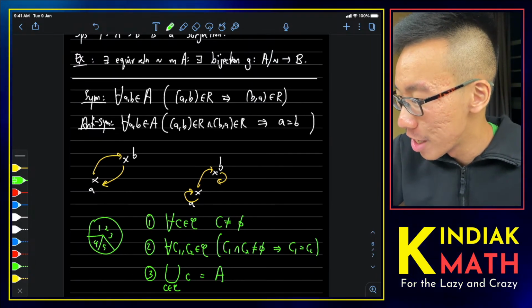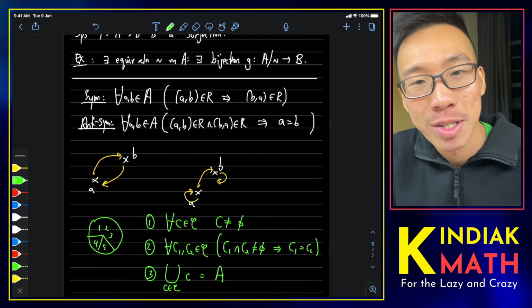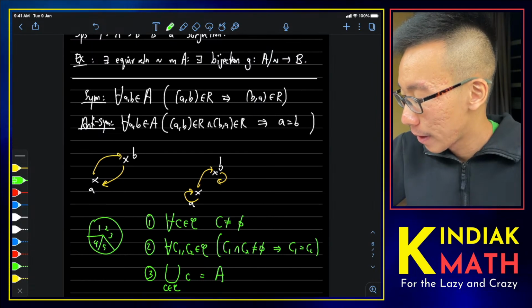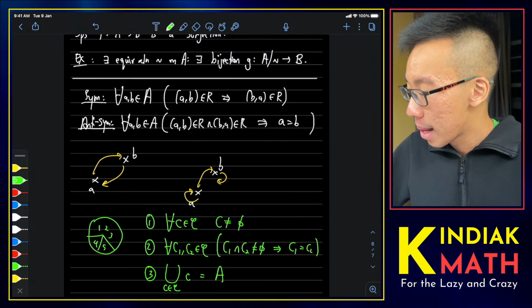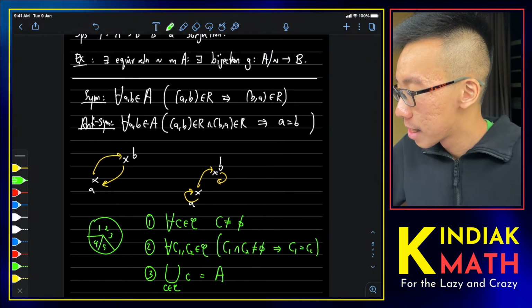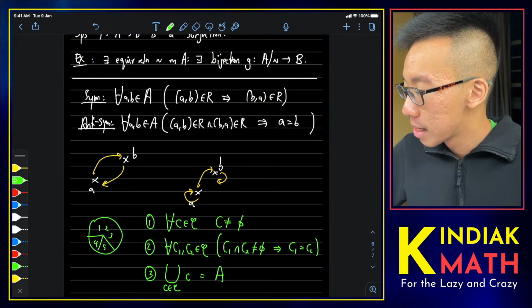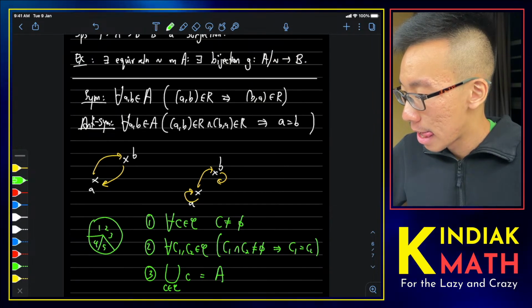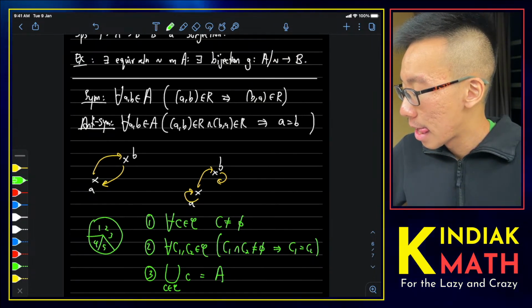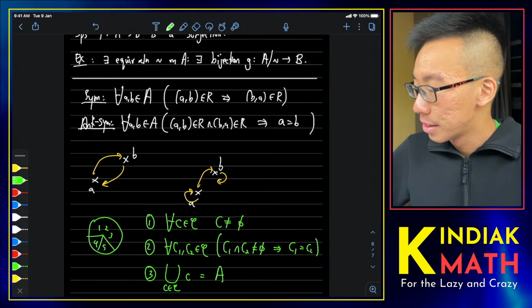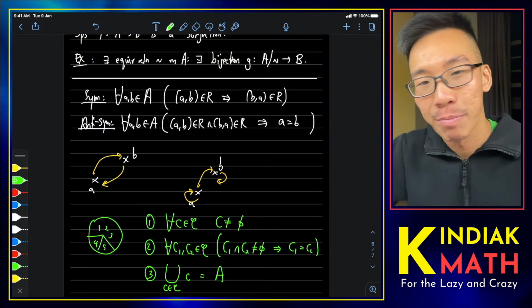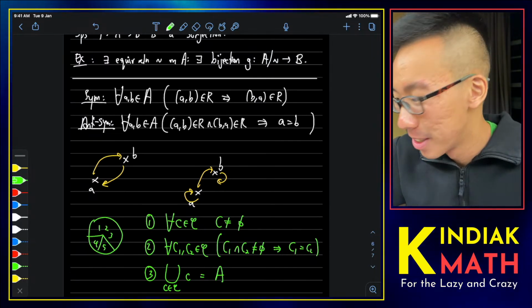It turns out that equivalence relations and partitions have very close connections to each other. Think of pizza slices. That should help.